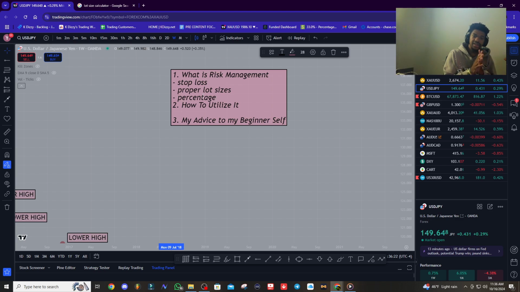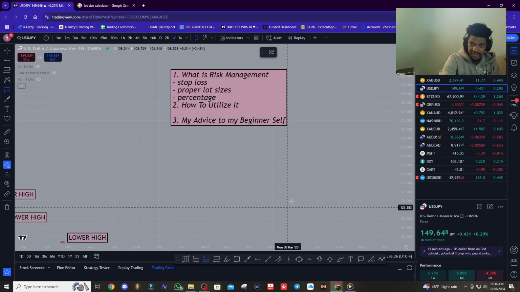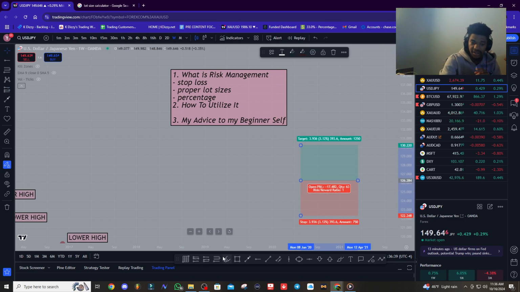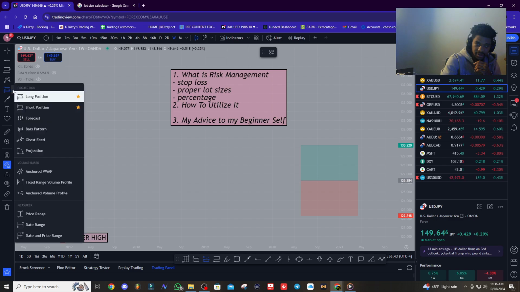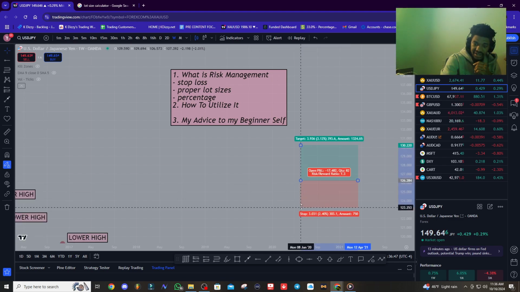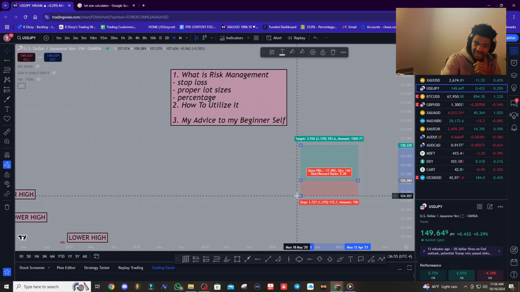A stop loss is one way that you can help your capital stay at a certain amount that you're okay with. Let me give this example real quick. We have the long position tool right here, located right over here. Wherever you stop this tool is where you want to get out of the trade.